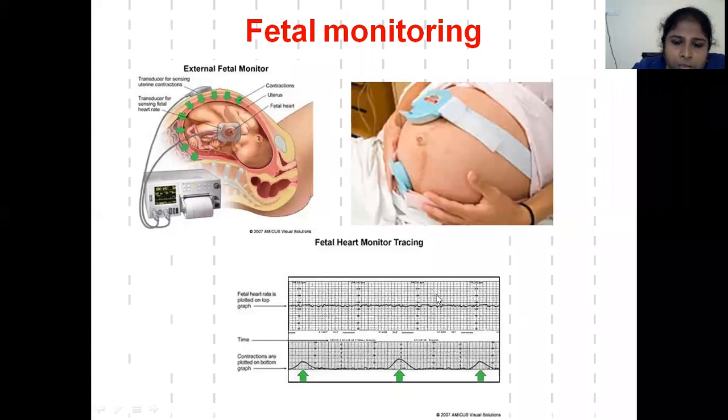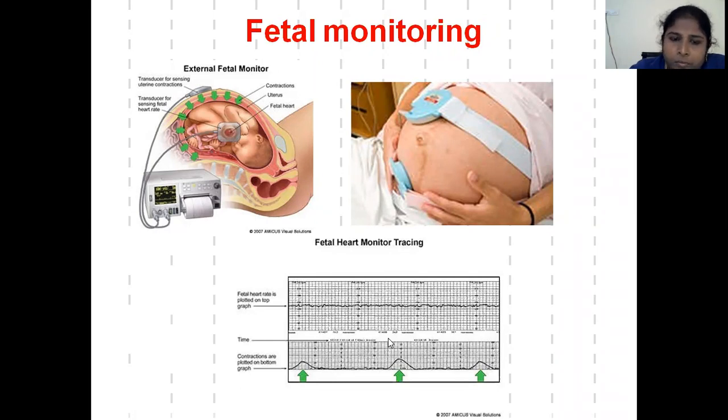Usually this trace comes if the baby is in sleep mode, or sometimes if the baby is having some distress also. Here the patient is not in a sleep mode, the patient is having active uterine contractions. So maybe some fetal distress is there according to this CTG. This is the printer, and here you can get the graph paper.